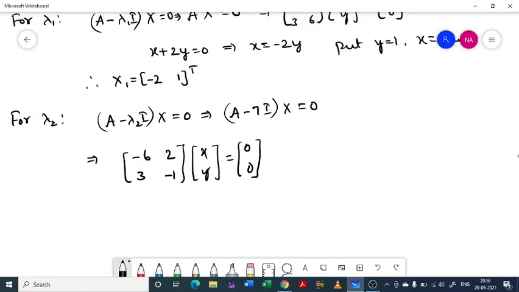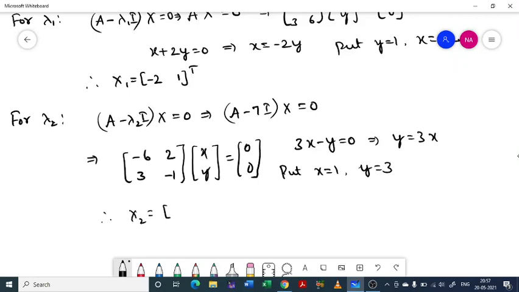You can consider only one equation, that is 3x minus y equal to 0. That implies y equal to 3x. Put x equal to 1, then y will be 3. Therefore X2 will be 1 3 transpose.